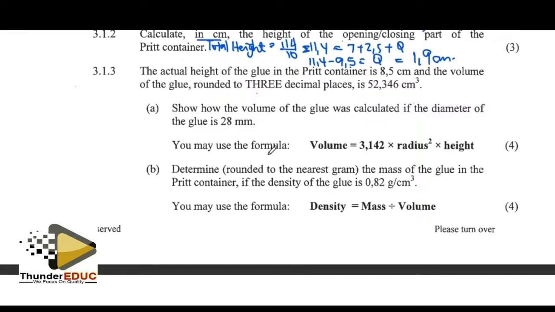The actual height of the glue in the pre-stick container is 8,5 centimeters, and the volume of the glue rounded to 3 decimal places is this much centimeters cubed. Show by calculation that the volume of the glue was calculated if the diameter of the glue is 28 millimeters.